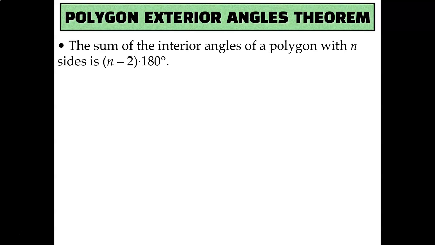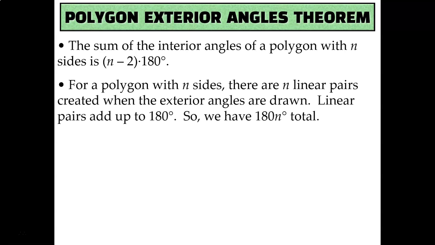Well, let's put our two formulas together. The sum of the interior angle measurements, if it has n sides, is equal to n minus 2 times 180. That's the formula that we derived in the previous lesson. That gives us the total sum of all of the angles inside of the shape. And we just explored how to figure out the exterior angle measurements. They each form a linear pair with its adjacent interior angle.